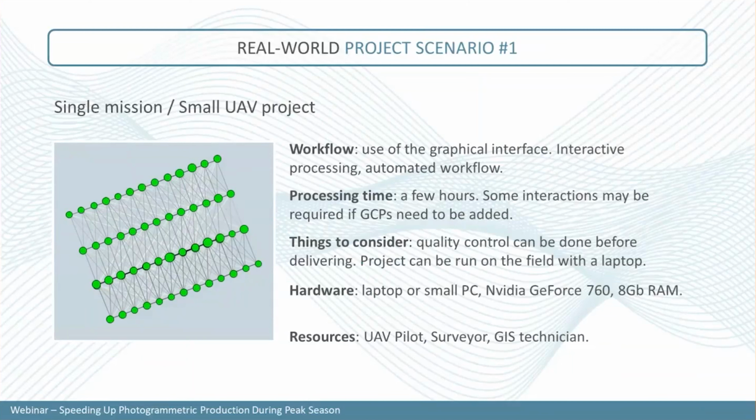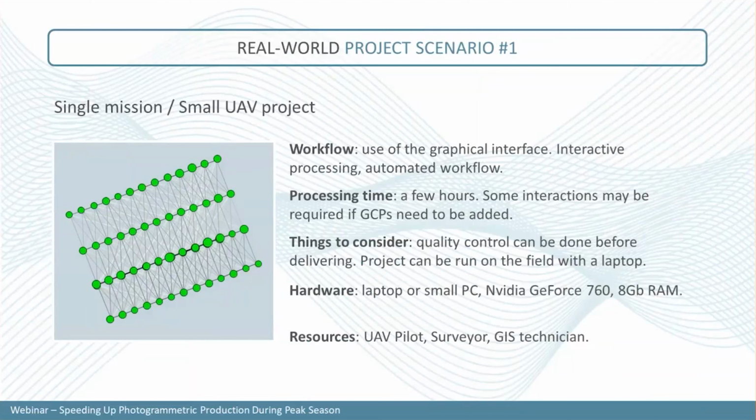The only human interaction needed for such a project is if you need GCPs to be added during the AT part of the project: you can import your GCPs, tag them in the images, and then run the rest of the process as an automated workflow. For a smaller project like this, since it's really quick to process, the quality control can be done at the end of the project.